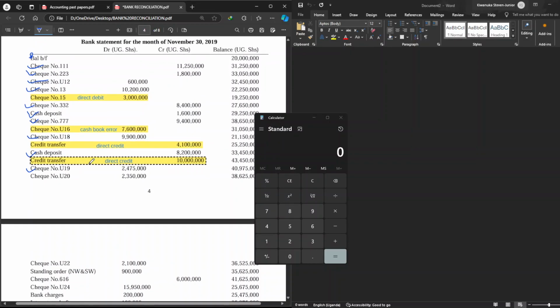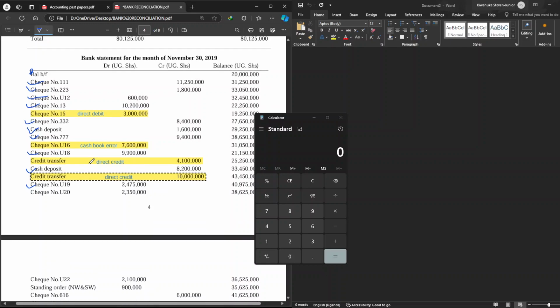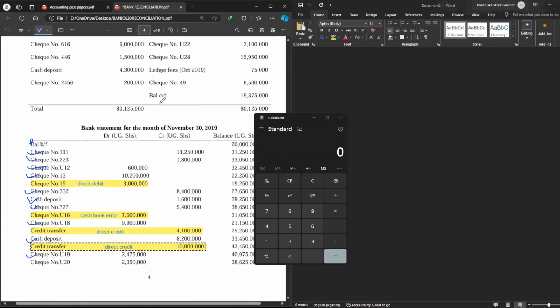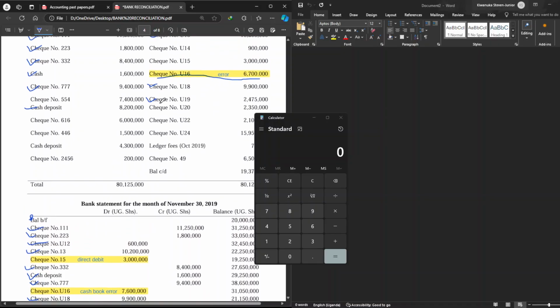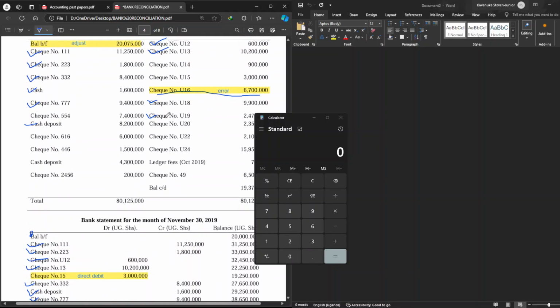We'll come to check number U20, 2.350. U20, debit side, it will appear on the credit side. Check number U20, 2.350. We see it is also there. We tick.